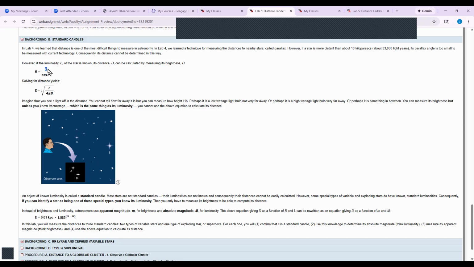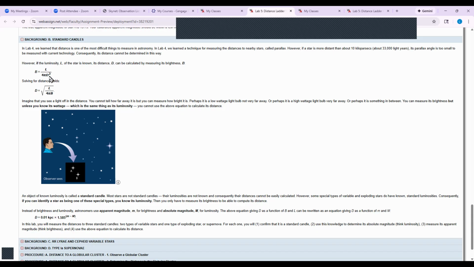L is representative of the actual luminosity, but when we get farther away from the star, the brightness becomes smaller. And this formula creates a very good proportion for that. If you assume the luminosity close by is L, then when you go to a distance of d, it reduces by this amount. It's very clear. You don't need to memorize it. Just keep this sense of proportionality.